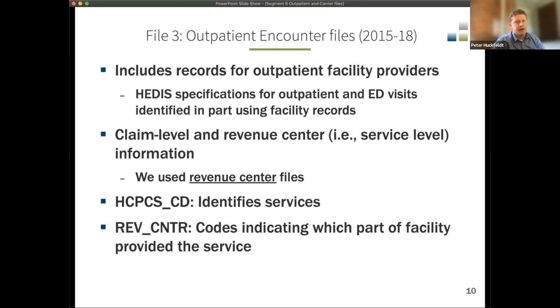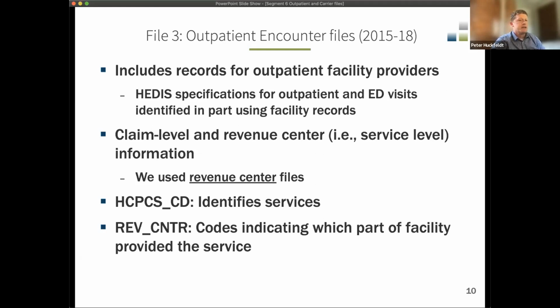Again, the claim level is the summarized information for the claim, and then the revenue center level information lists the services that were used during this episode of care.